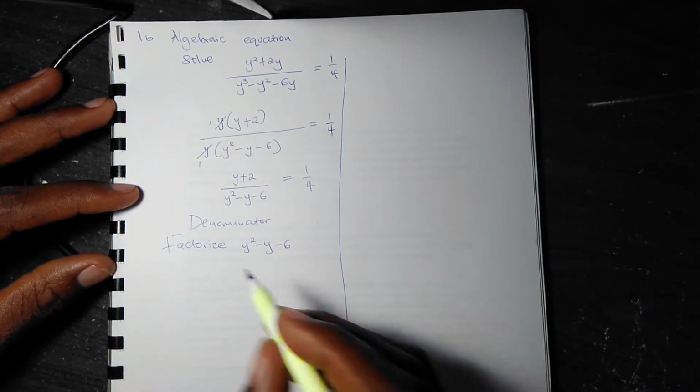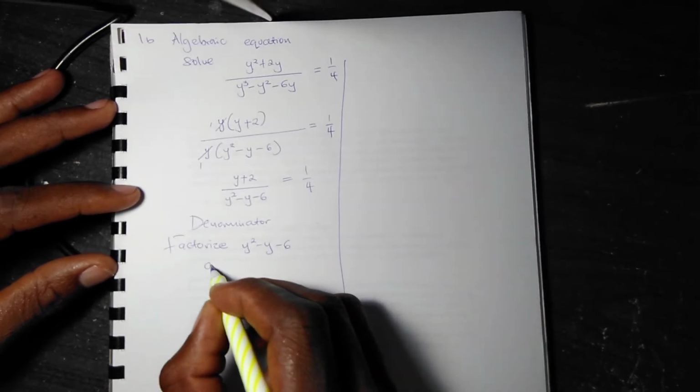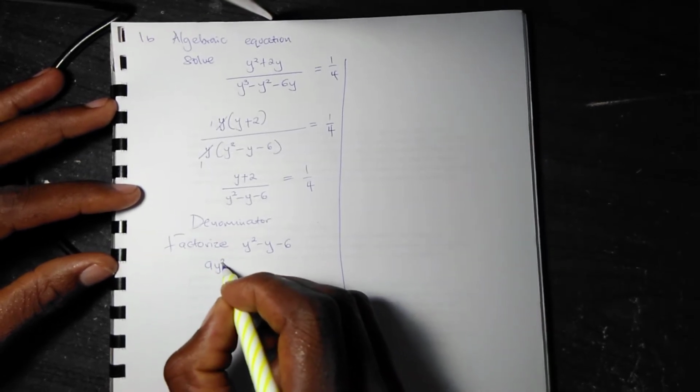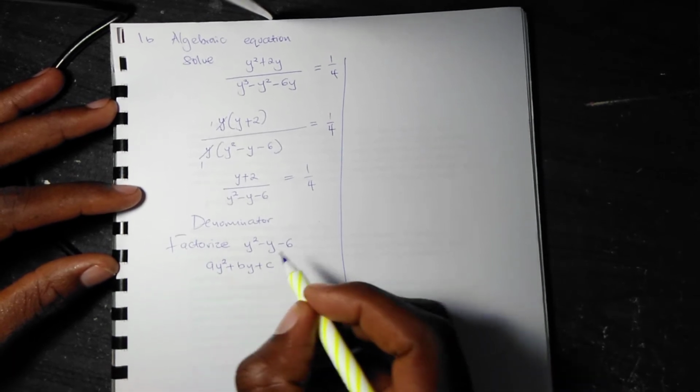In that order, you realize that the expression has been written in the form ay squared plus by plus c.